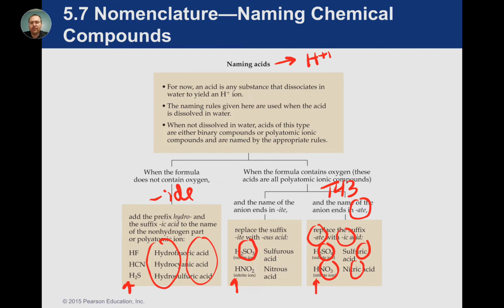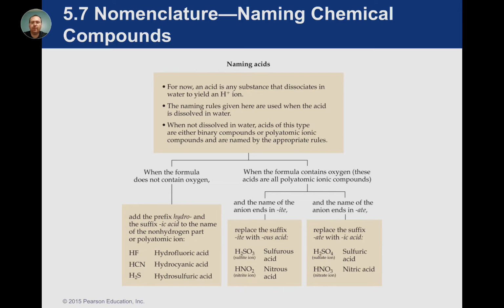"Sprite is delicious" tells us that -ite gives us -ous acid, so sulfite gives us sulfurous acid. Then nitrate became nitrite, losing an oxygen. Nitrite becomes nitrous acid because, again, Sprite is delicious. So nitrous is the answer. So it's really paying attention to that pattern, ternary, what it can tell us, and then looking for binary.